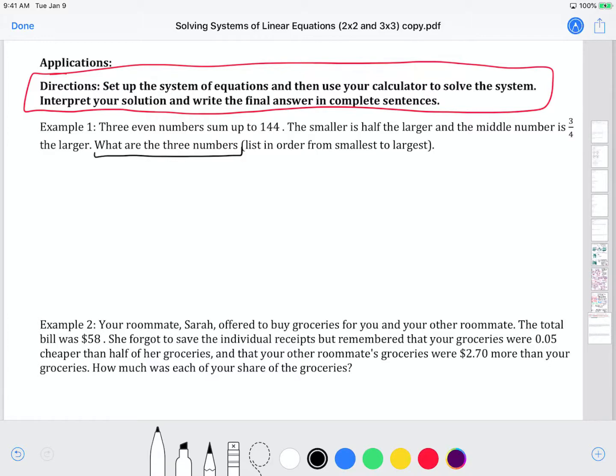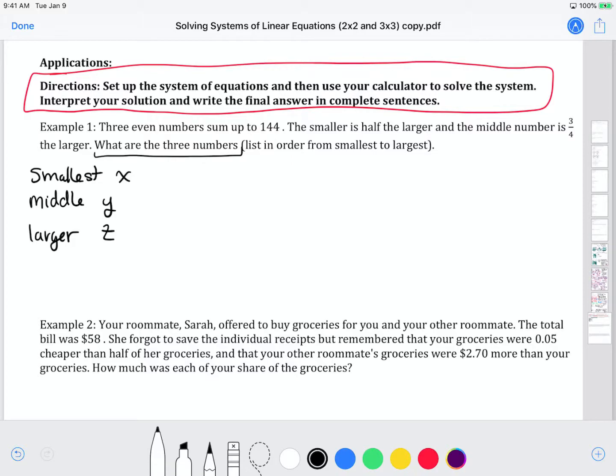So whatever it is that they're asking you to find, that's what you want to use to set up your variables. So we're going to set up our variables to be the three numbers. So let's let the smallest number be x, the middle number be y, and then the larger number be z.